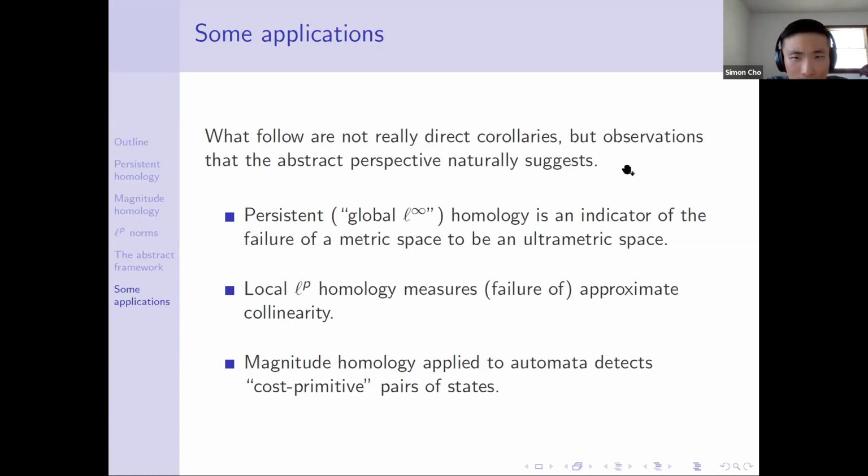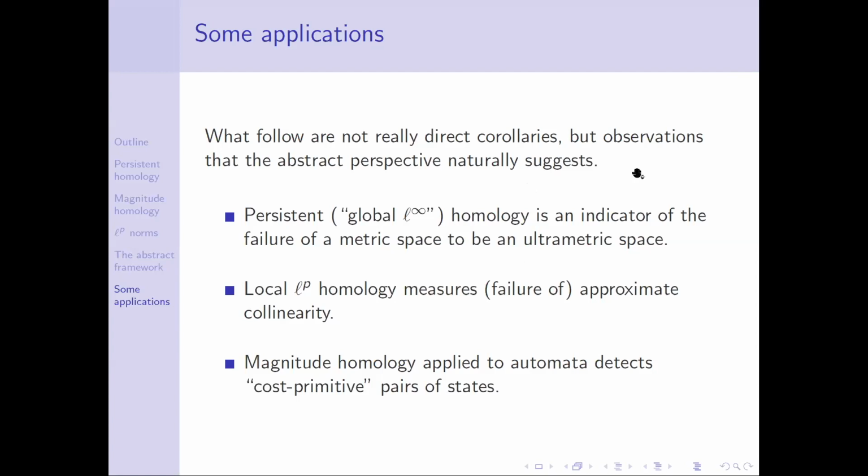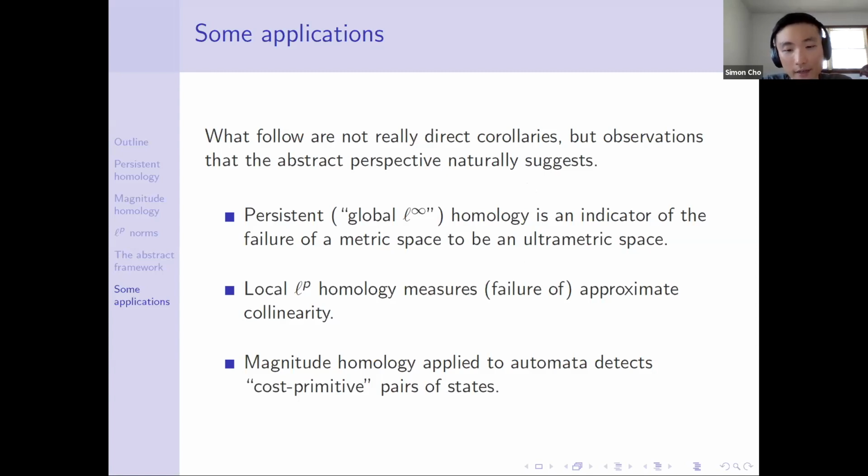An ultrametric space is one in which the L infinity triangle inequality holds, right? It turns out that in an ultrametric space, all the connected components of the Vietoris-Rips complex are contractible.